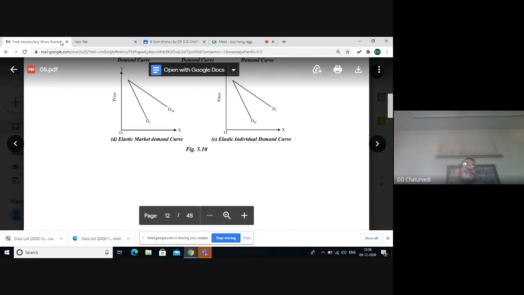But sometimes we have the reverse situation. That is, the market demand curve is inelastic, whereas the individual demand curve is elastic. That means different individuals are concerned about whether the price is less or more.